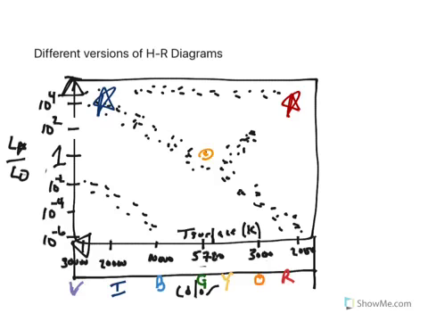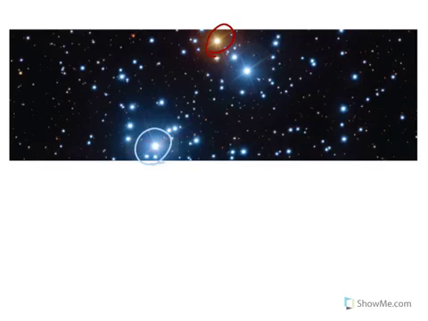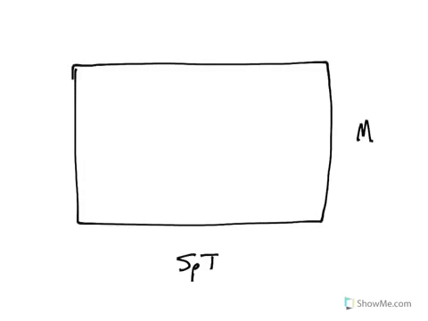Now, instead of comparing luminosity and surface temperature or luminosity and color, we can instead look at the absolute magnitude of the star versus the spectral type of the star. So let's draw that. For absolute magnitude, we're going to look at the absolute magnitude in the visual band, so we'll give it a V, and we're going to compare that to the spectral type of the star.